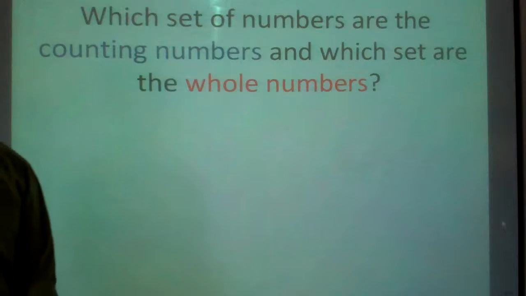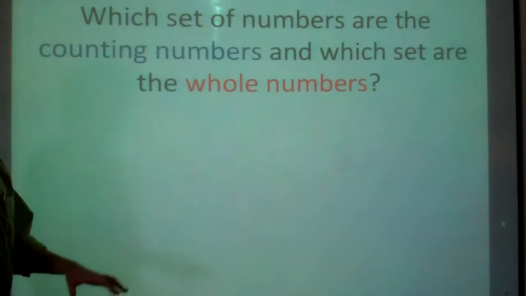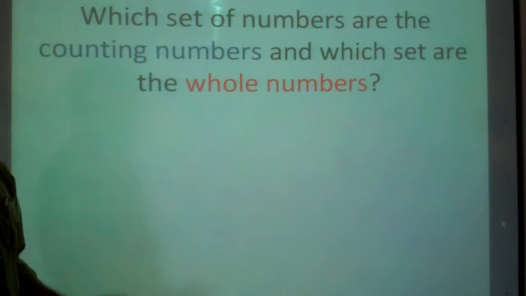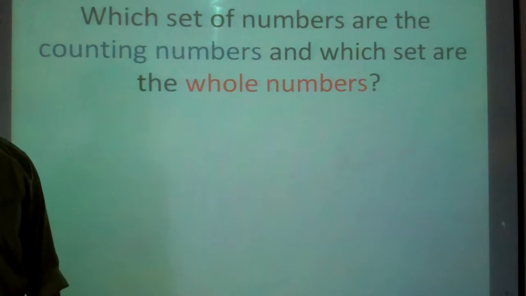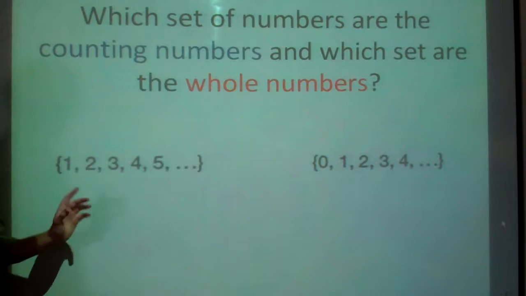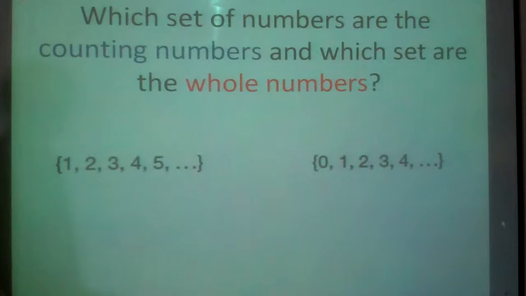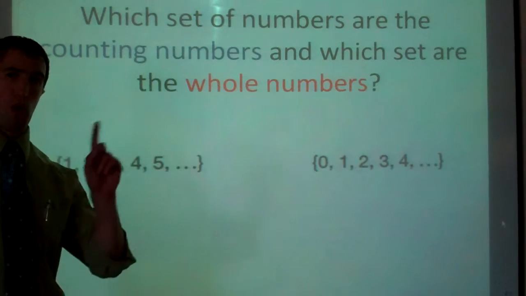The first thing we needed to point out was the type of numbers we were going to be working with. In this lesson we were working with 2 different types, counting numbers and whole numbers. Here are the 2 different sets. I told the students to tell me which set was the counting numbers and which set was the whole numbers. Normally when we're counting we start with 1.